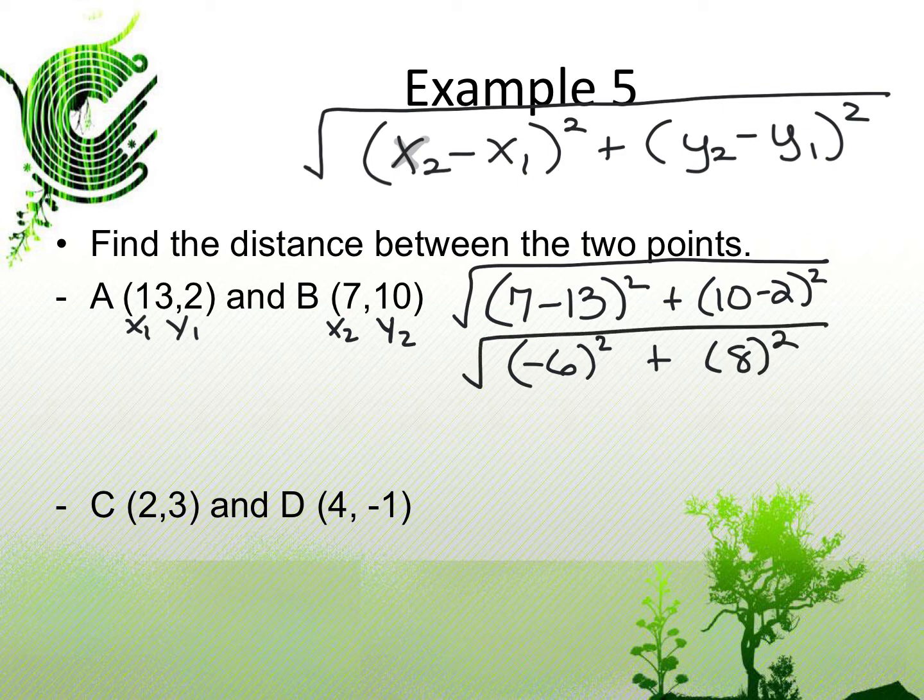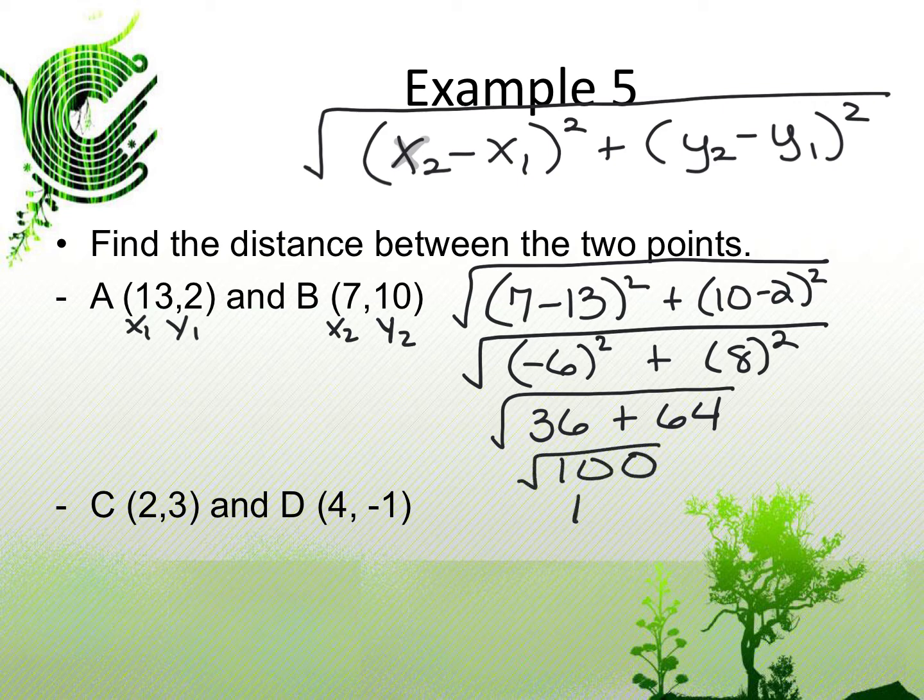I'm now going to square. This becomes 36. This becomes 64. I'm now going to add. And now I have to square root. So the distance from A to B is the square root of 100, which is 10.